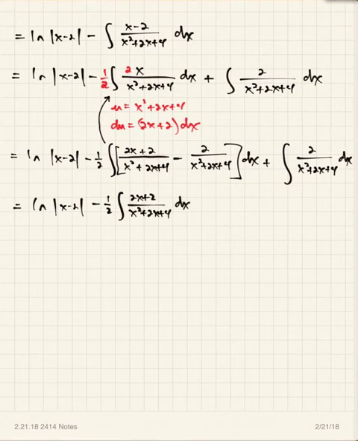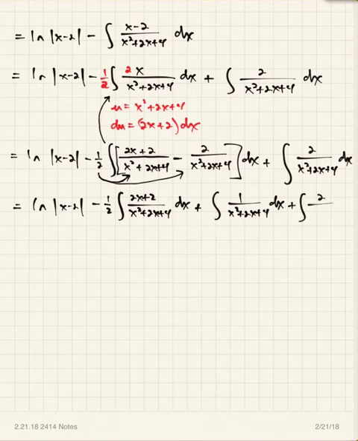And then I distribute the minus 1/2 through, so this would be a plus, and this is just going to be a 1 right here in the numerator. I multiplied a negative 1/2 times that integral but left the negative 1/2 sitting out front, and then I multiplied negative 1/2 by that one and went ahead and multiplied it all out. And then you have plus 2 over x squared plus 2x plus 4.